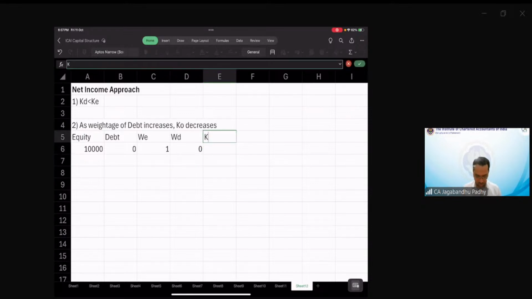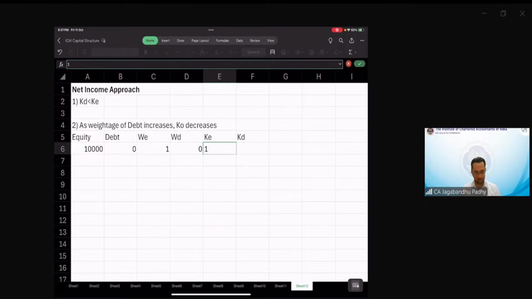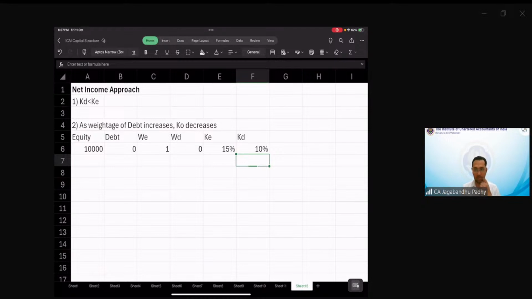Now, suppose I tell you that we have got some cost of equity and of course cost of debt. Cost of equity is, let's say, 15% and cost of debt is, let's say, 10%. So what will be the overall cost of capital? How do you compute the overall cost of capital, KO?